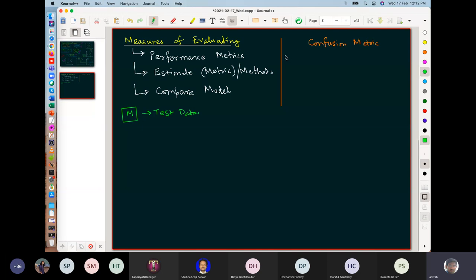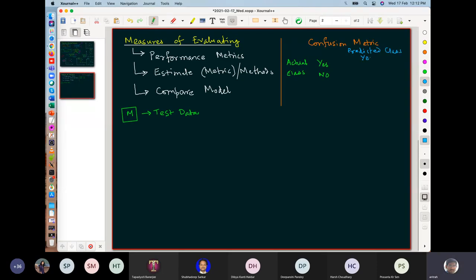So the confusion matrix will, with respect to this M data, suppose we are doing a two-class classification. On this side I will plot the actual classes, and let's say my actual classes are yes and no. And on this side, I will plot my predicted classes.